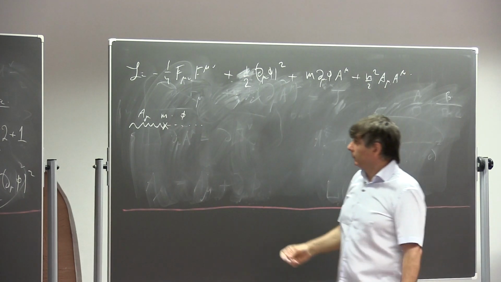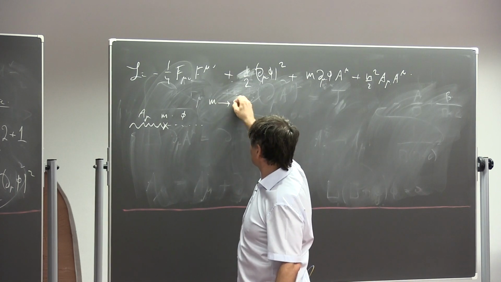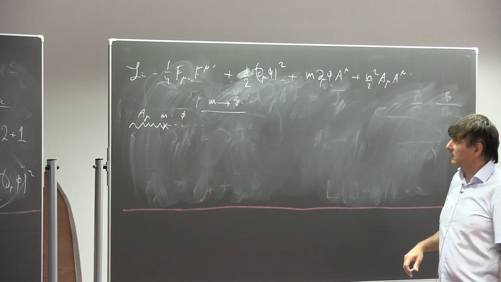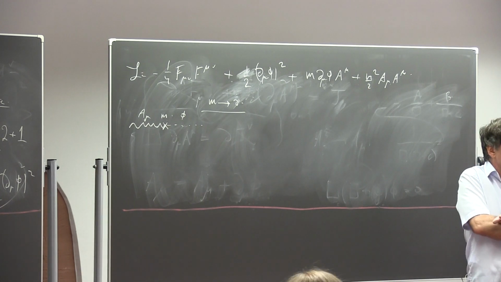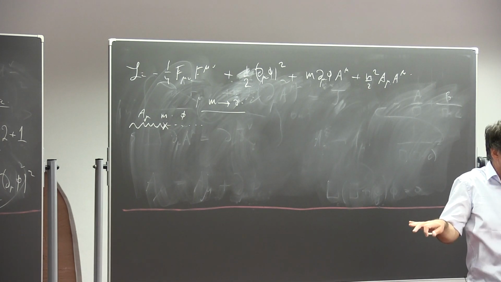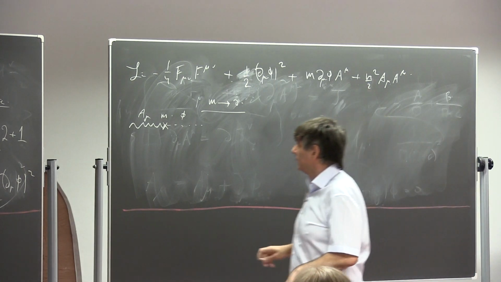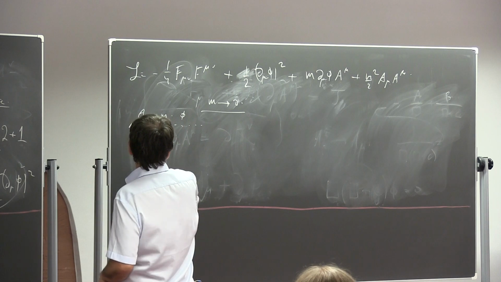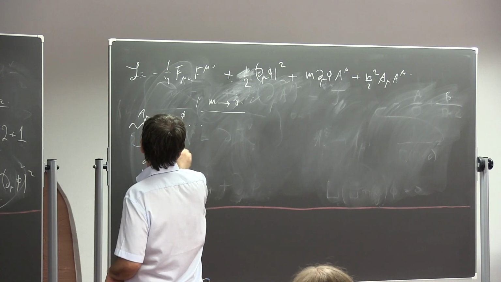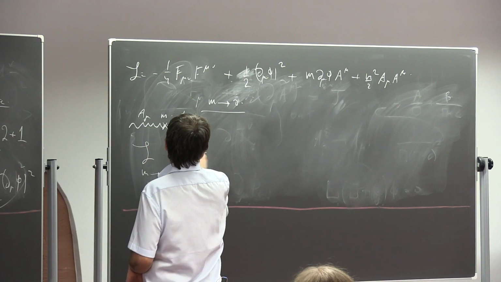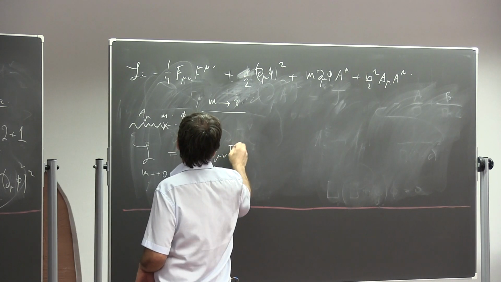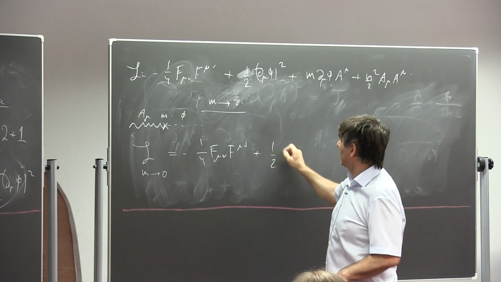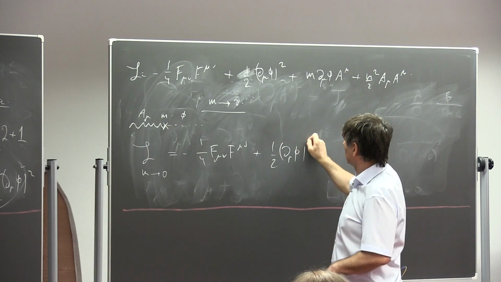And moreover, if I take the limit m going to 0, what happens with the theory? The two simply disintegrate. They decouple from each other. And the limit m going to 0 of the theory is simply Maxwell and the massless scalar, and that's it.